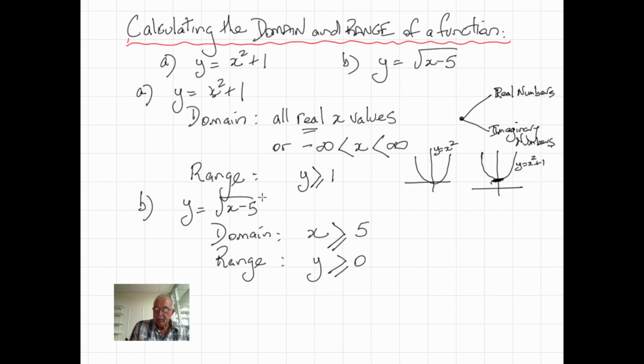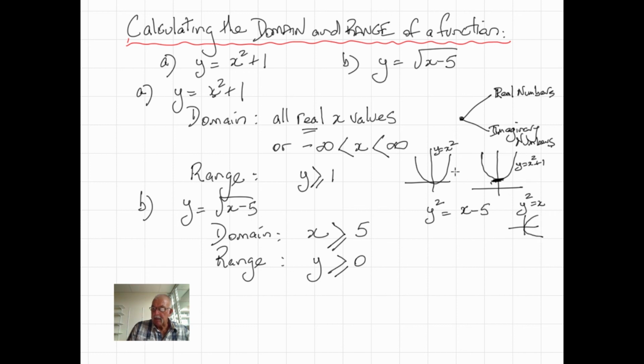If we're good with our graphing, how do we graph this? What does it look like? Y equals the square root of x minus 5. If we were to square both sides here, we'll get y squared equals x minus 5. If we've got y squared equals x, that will look like that.